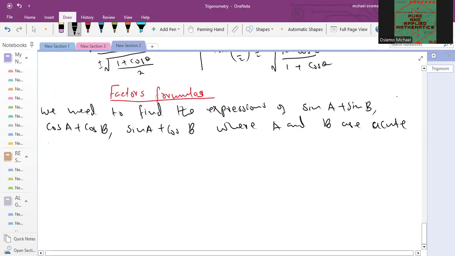The A and B are acute angles. So how do we go about this?